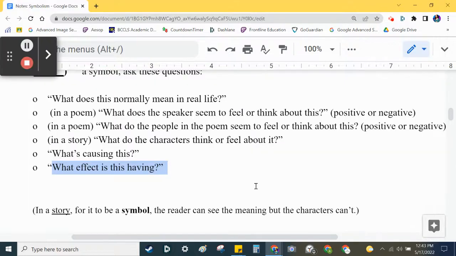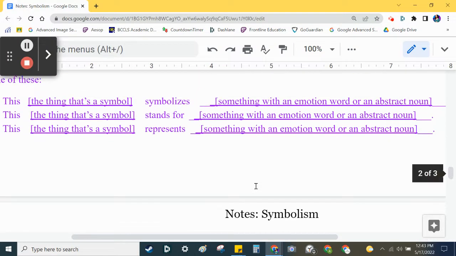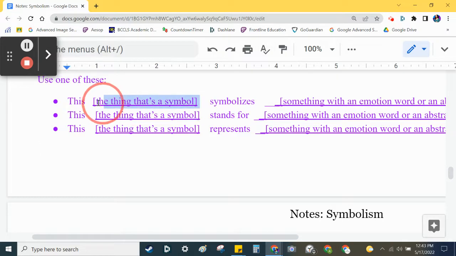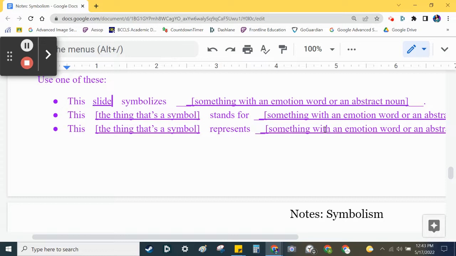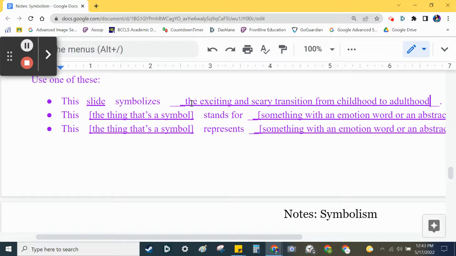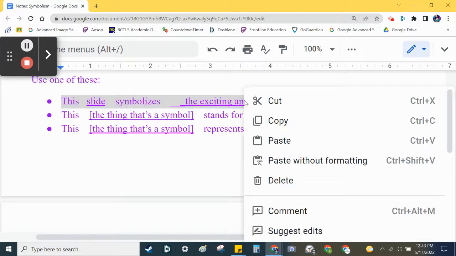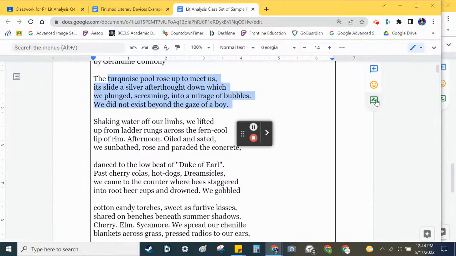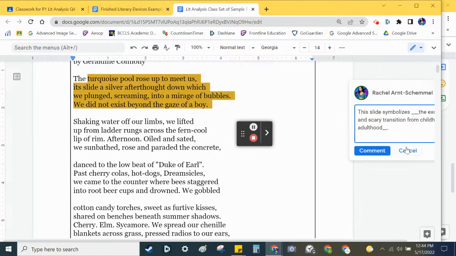So I'm going to go down here and I could say this slide symbolizes or stands for or represents the exciting and scary transition from childhood to adulthood. And that, I'm copying it, is going to be the comment that I add. If this is my poem, that's my feeling sentence.